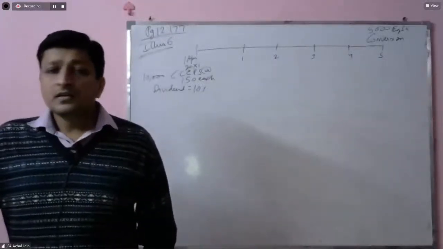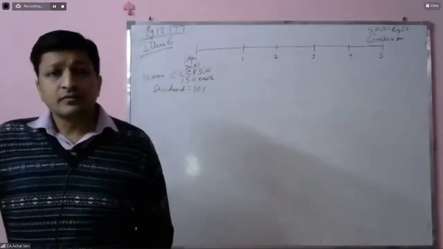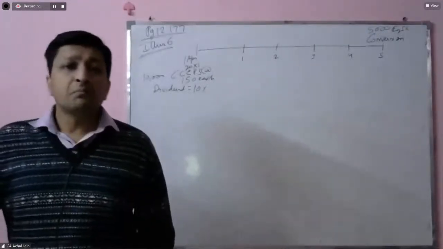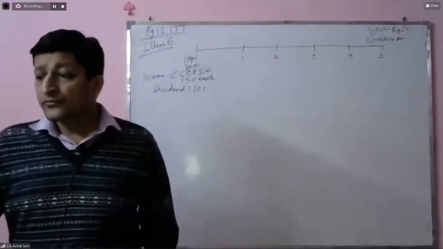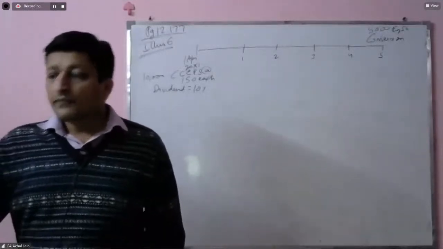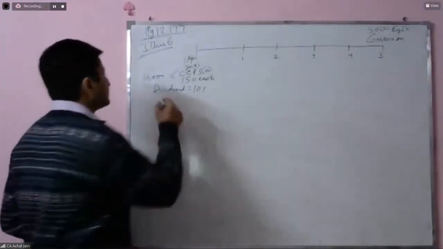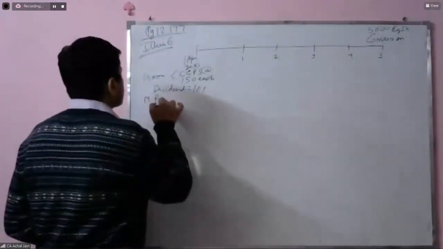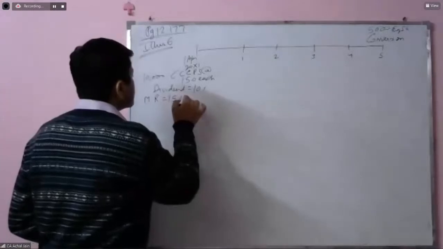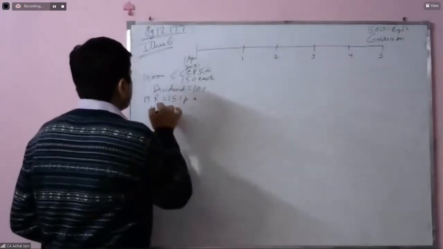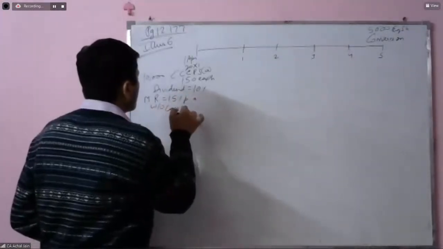When the preference shares are issued, the prevailing market rate of interest for similar debt without conversion option is 15% per annum. So the market rate is 15% per annum without conversion option.